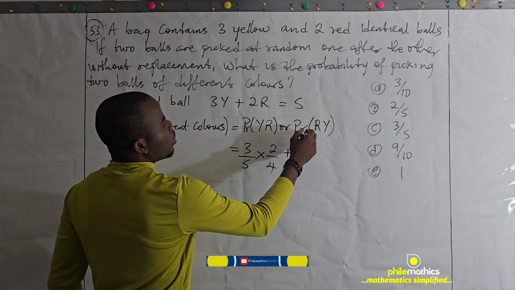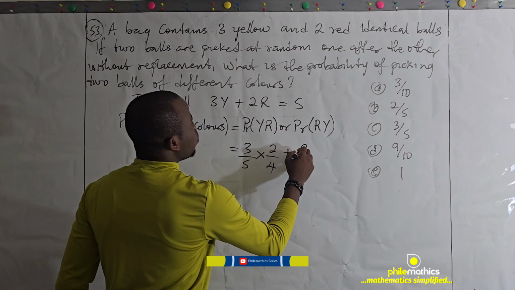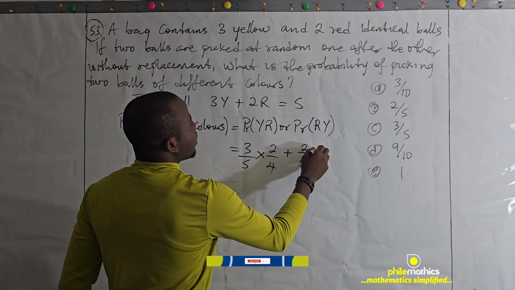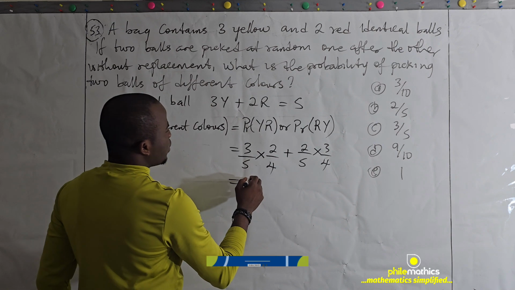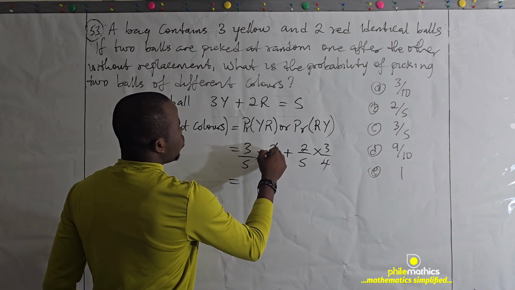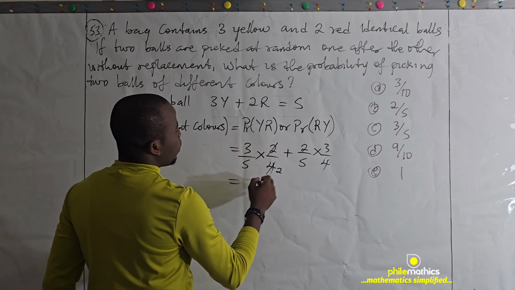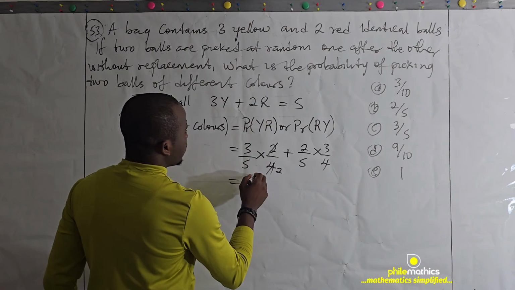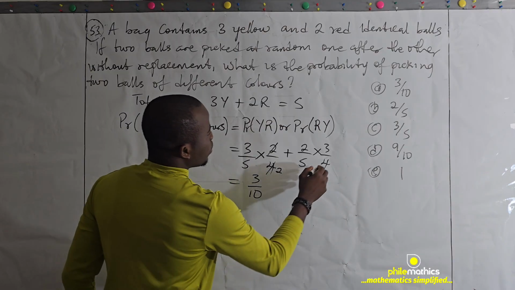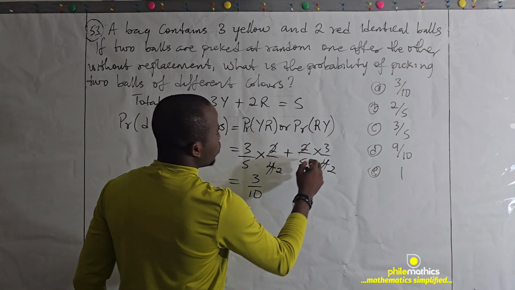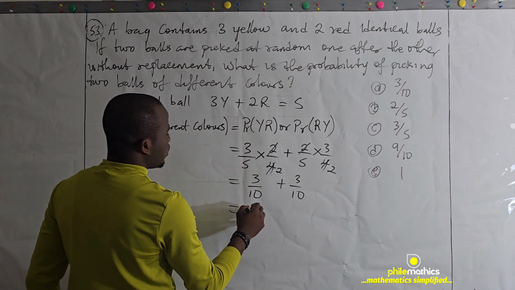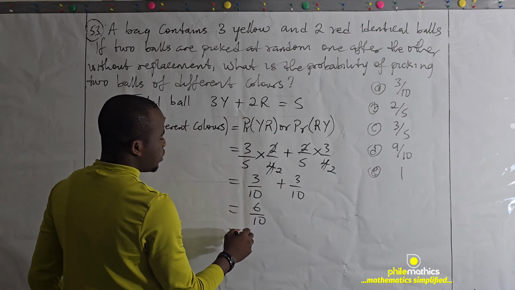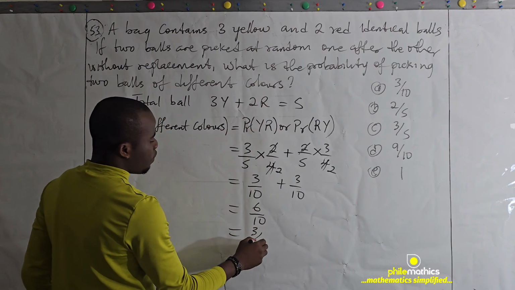Or red yellow is 2 over 5 times yellow is 3 over 4. And this is 3 over 10. And this is simply 6 over 10. And 2 can go 3 over 5.